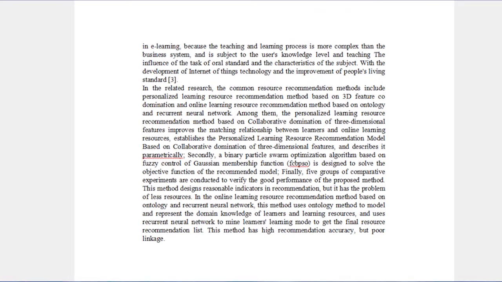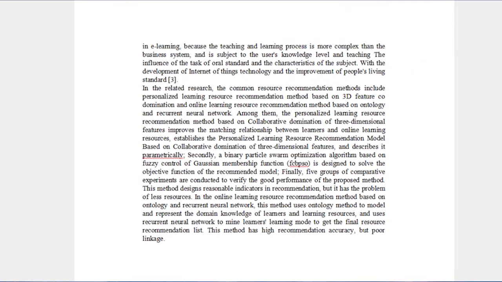personalized learning resource recommendation method based on three-dimensional feature collaborative domination and online learning resource recommendation method based on ontology and recurrent neural network. Among them, the personalized learning resource recommendation method based on collaborative domination of three-dimensional features improves the matching relationship between learners and online learning resources.